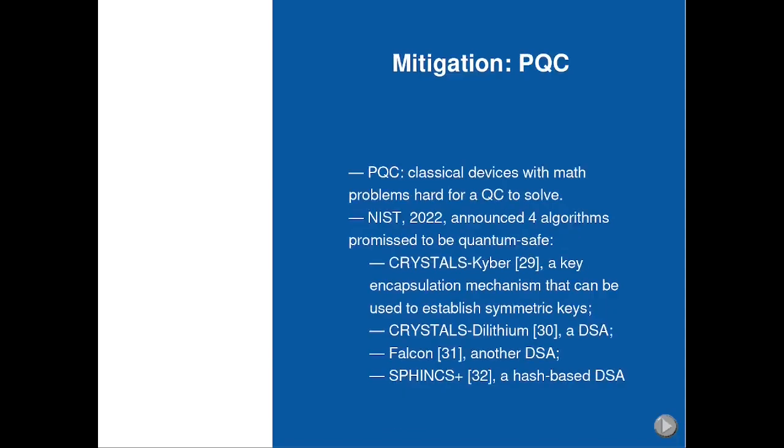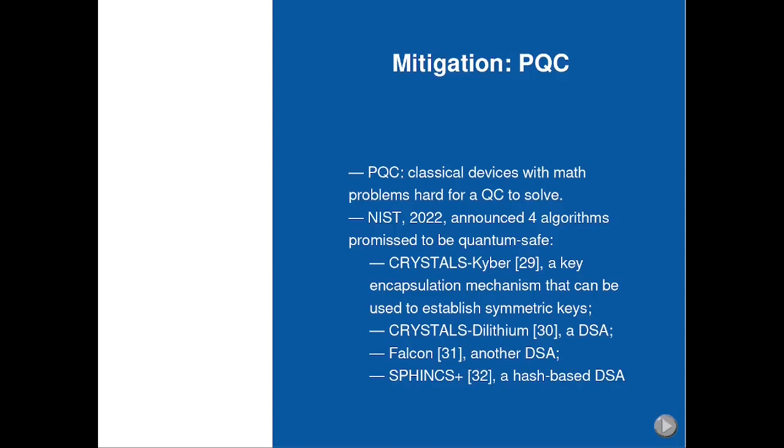The second type of mitigation is PQC, which stands for post-quantum cryptography. This is the use of mathematical problems that are hard for a quantum computer to solve, running on classical devices.